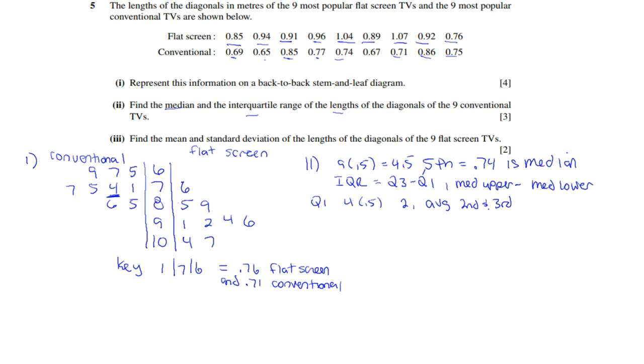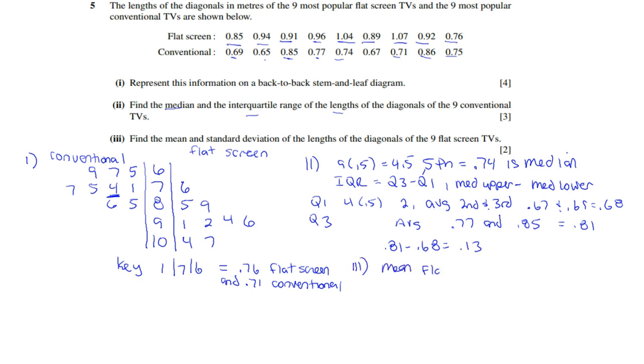So I'm going to find the average of 0.67 and 0.69, which is 0.68. Now, Q3, I've got to find the middle 2 for the top 4. It's going to be 0.77 and 0.85. The average between those is 0.81. If I subtract 0.81 minus 0.68, I get 0.13, and that's the interquartile range.